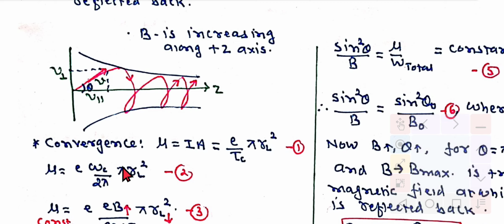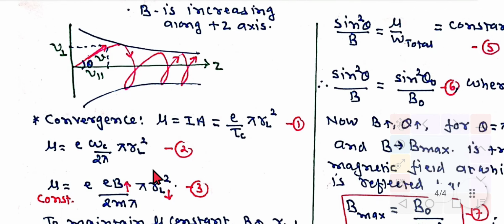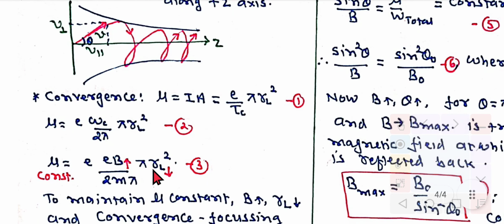So the value of 1 upon T equals omega divided by twice pi, I mean omega C, the cyclotron frequency, divided by twice pi. So let me write mu equals E, the charge, times omega C, the cyclotron frequency, over twice pi, times RL square.